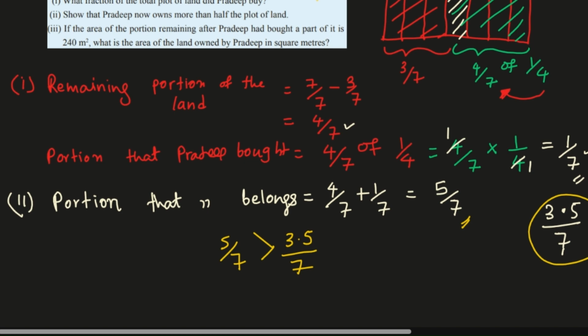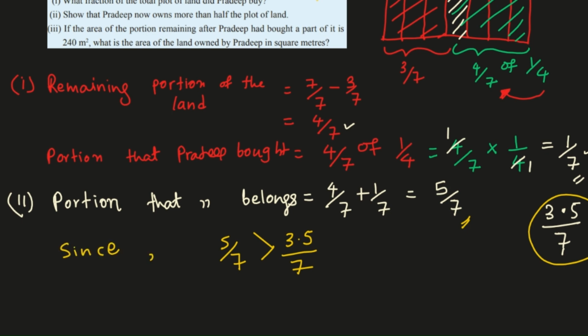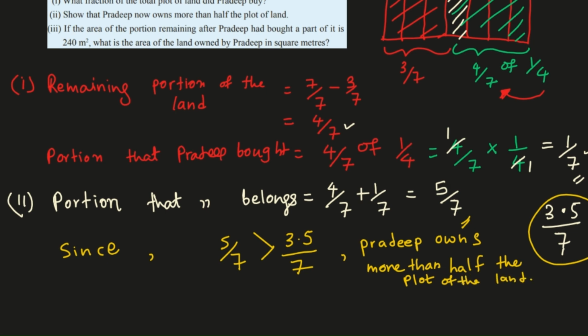So we can tell in the second question that since 5 upon 7, which belongs to Pradeep, is greater than 3.5 out of 7, Pradeep owns more than half the plot of the land. Great. So let's move on to the third question.